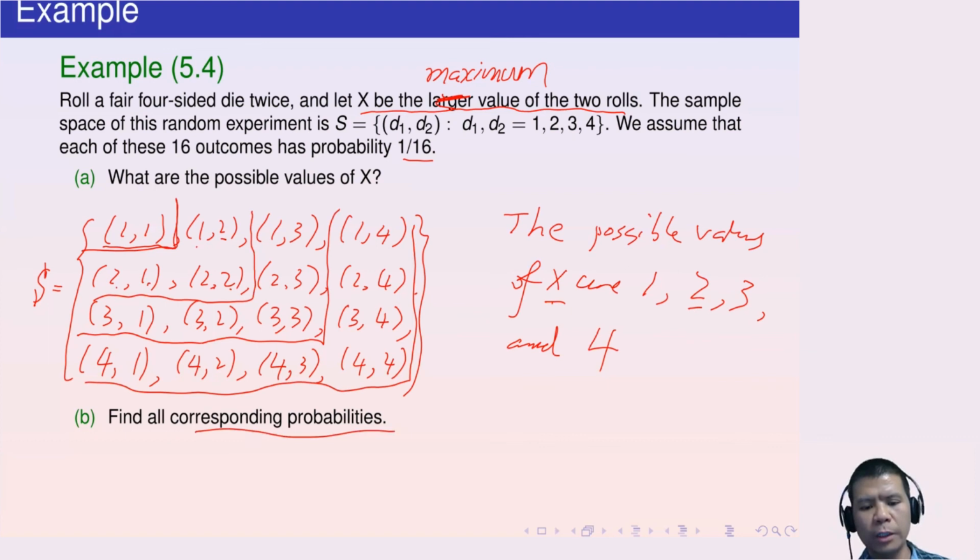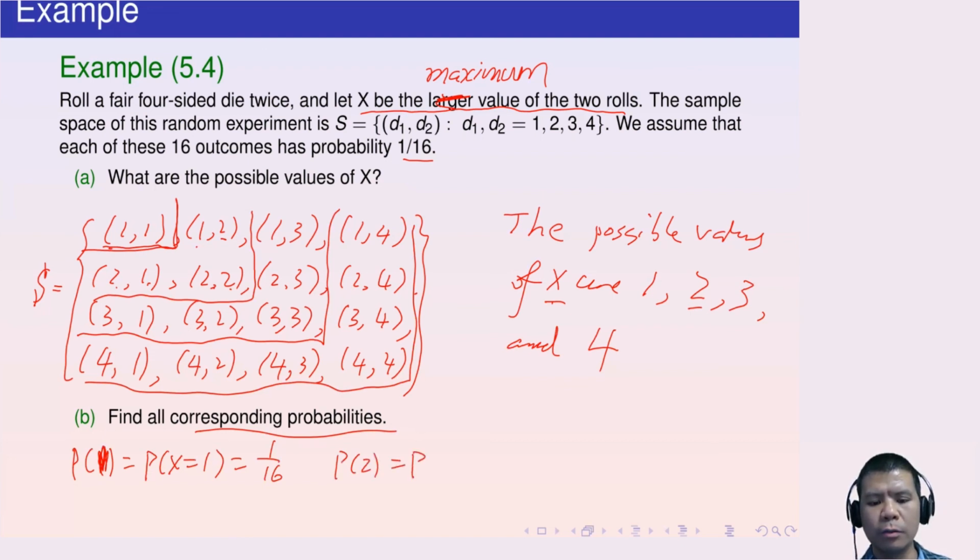So let's find the corresponding probability values. The probability for X equals 1 is from 1,1, so 1 out of 16. Similarly, P of X equals 2 has 3 possible outcomes, so it's 3 out of 16.